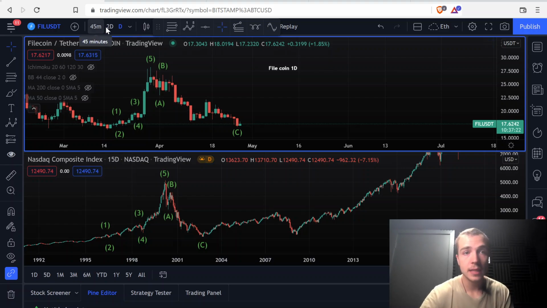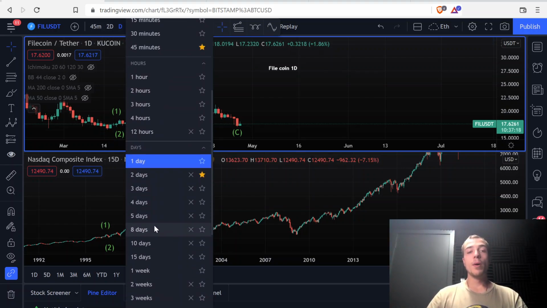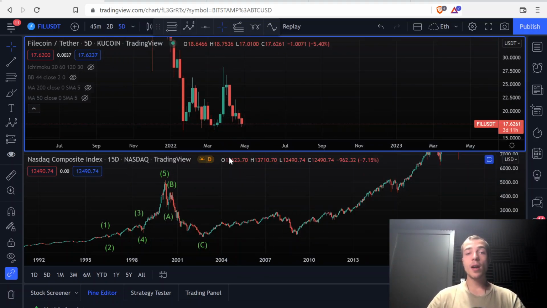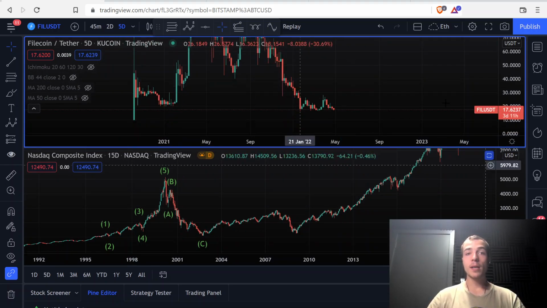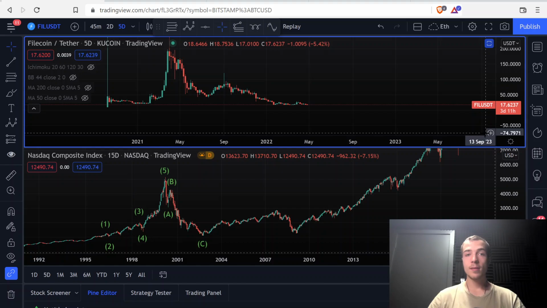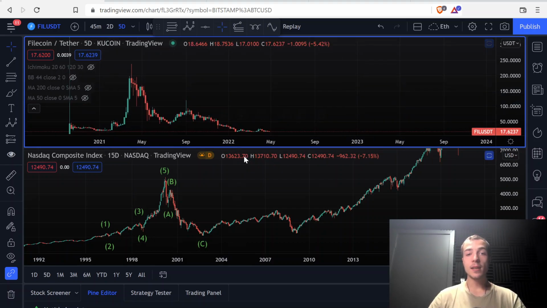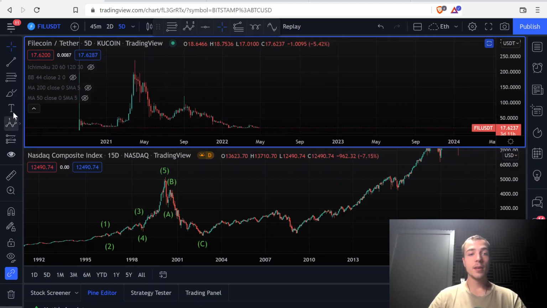Now, what's really interesting is I'm on the daily candlesticks here, right? But watch what happens if I go up to the 5-day and I remove all the drawing tools and I show you this market cycle again. What's interesting is you'll actually see a repeat of the same type of thing going on.